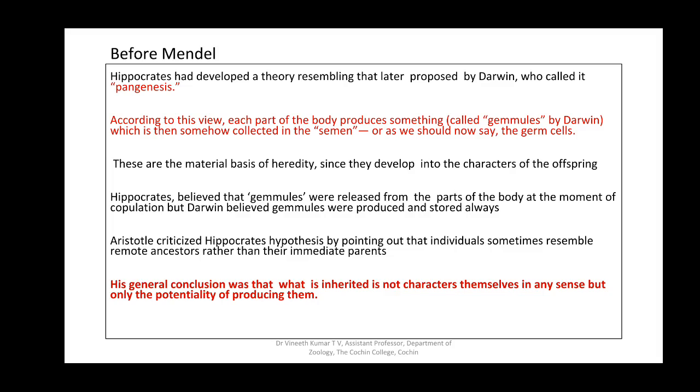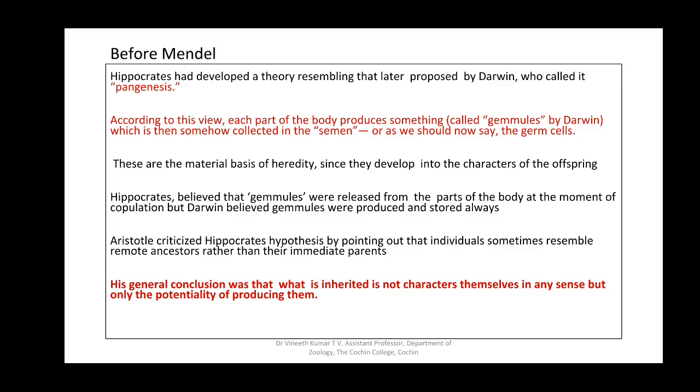suggested that each part of the body produces some particles, and these particles were called gemmules by Darwin. And these gemmules somehow got collected in the semen, and it is these particles, called gemmules, that are responsible for the inheritance of characters.